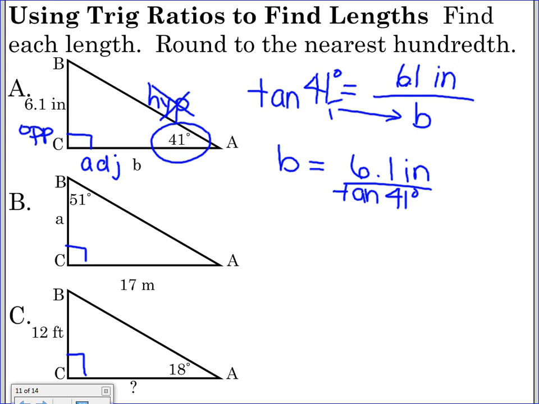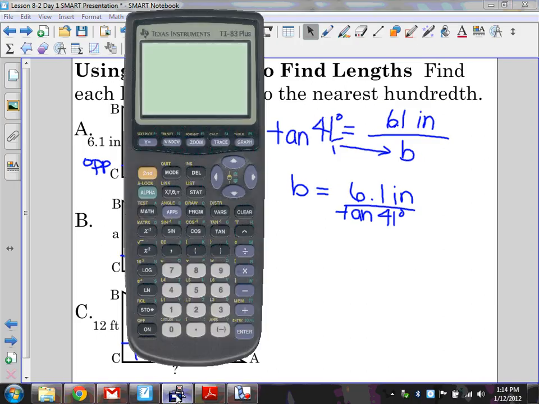So if we go to our calculator, okay, we're going to go back into our calculator. We're going to type in 6.1 divided by tangent times 41.